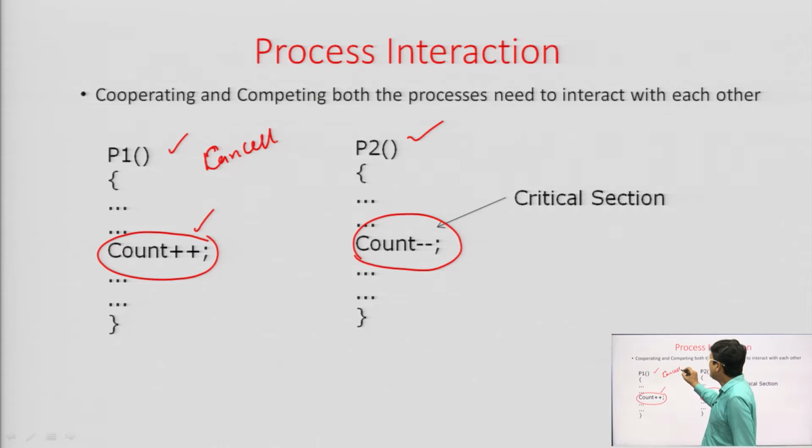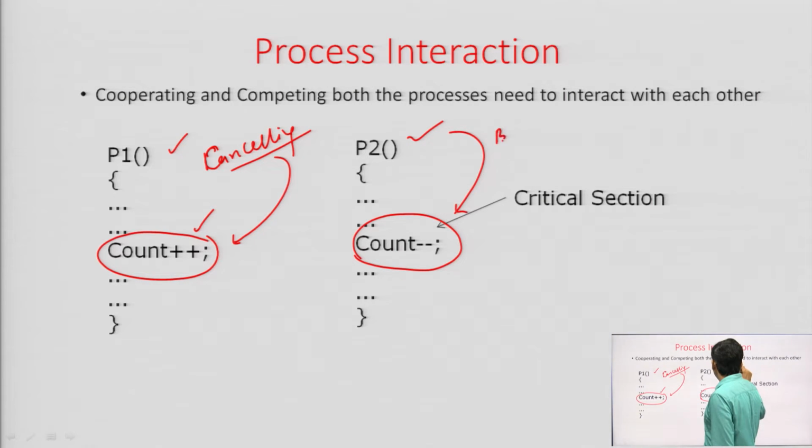If somebody is cancelling the ticket, the number of seats will be increased, and if somebody is booking a ticket, the number of seats will be decreased. Since these two processes are trying to access the count at the same time, access to this count is a critical section.